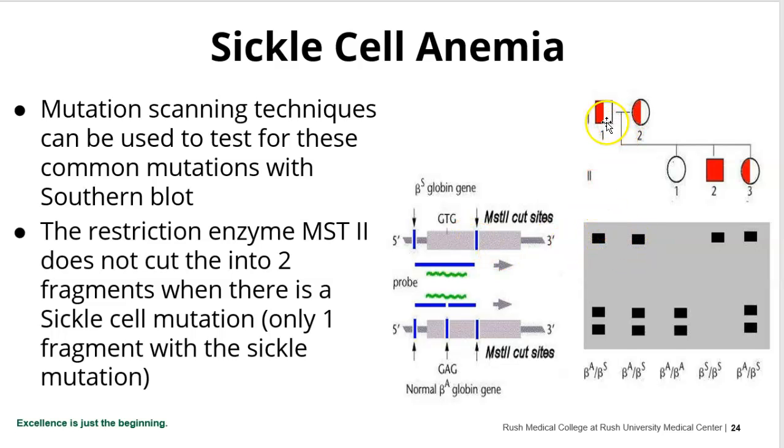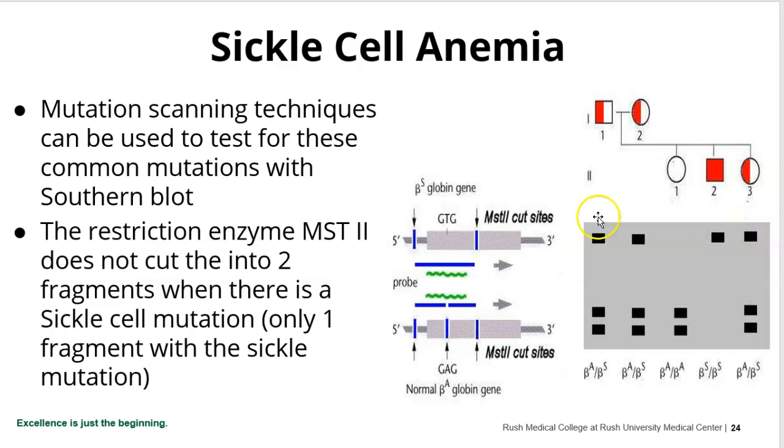So this individual has a large fragment and the 2 smaller fragments, so they have a sickle hemoglobin allele and a normal allele. This individual, same thing. Their children, the first one, got normal hemoglobin from mom and dad, and so all they have is normal hemoglobin.